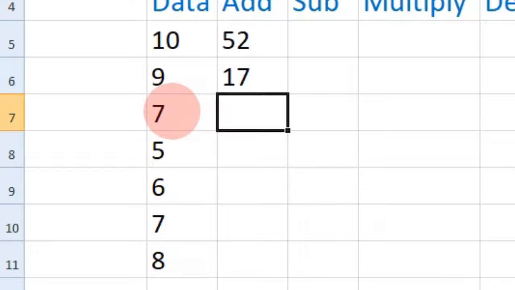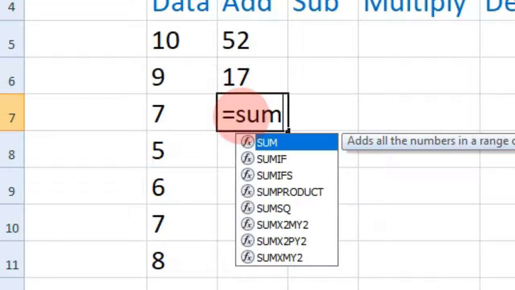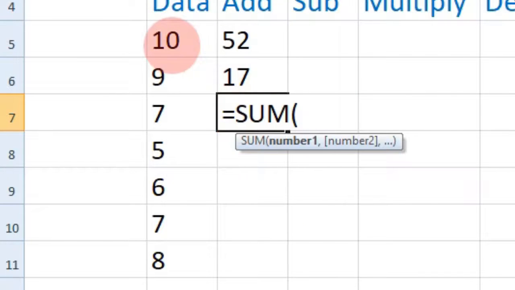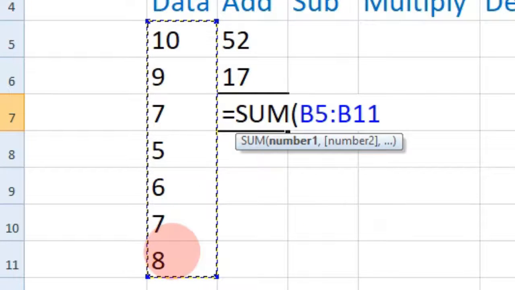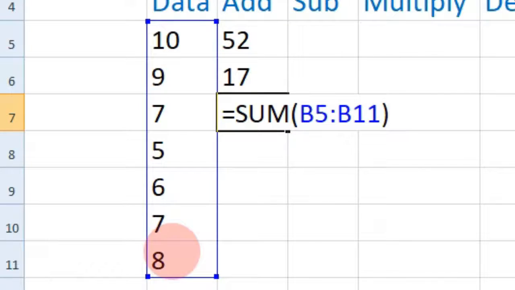Now let's suppose we have to add a series of cells and then divide it by any number. So let's see how we do that. Equal to sum, so series, parentheses, divided by.